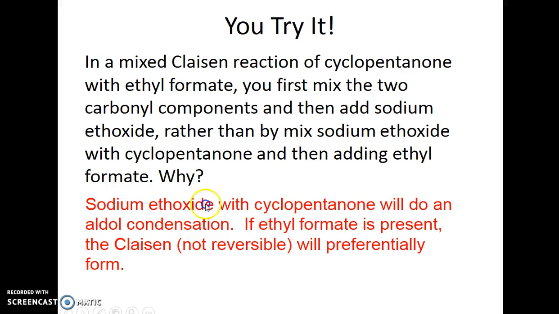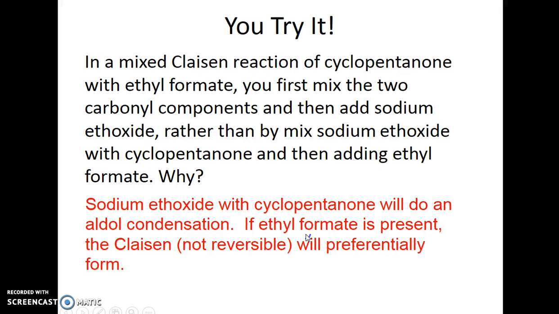Well, if you were to mix sodium ethoxide with cyclopentanone by itself, you're going to have an aldol condensation occur because sodium ethoxide does not completely deprotonate cyclopentanone. You'll have cyclopentanone and the cyclopentanone enolate form, and they're going to end up doing the aldol condensation.